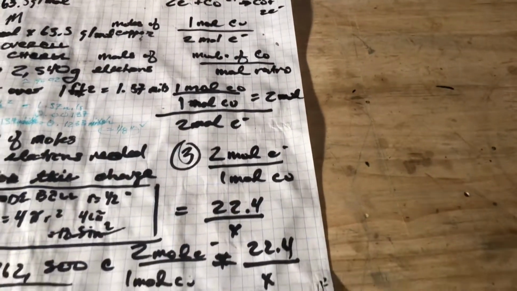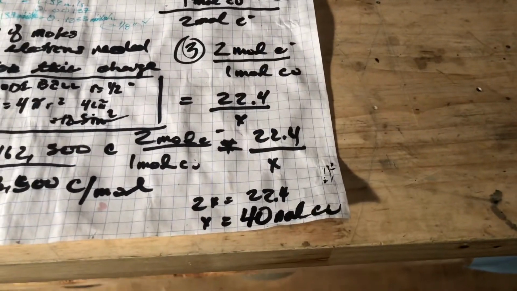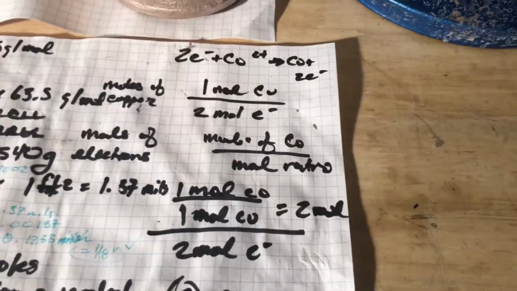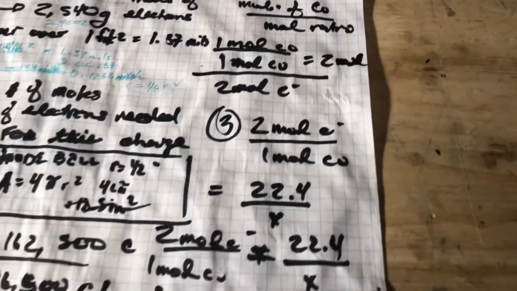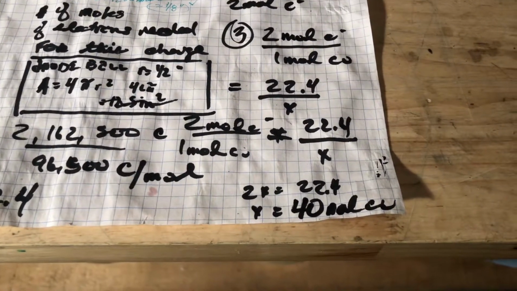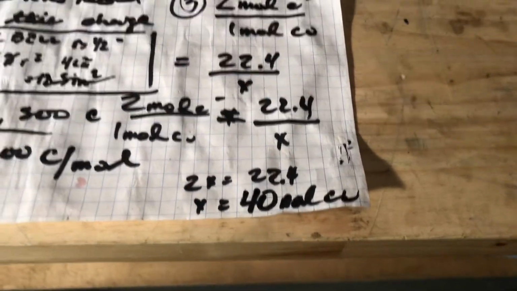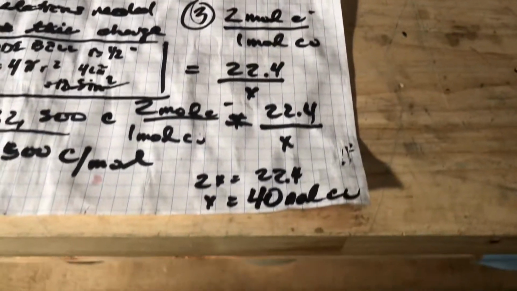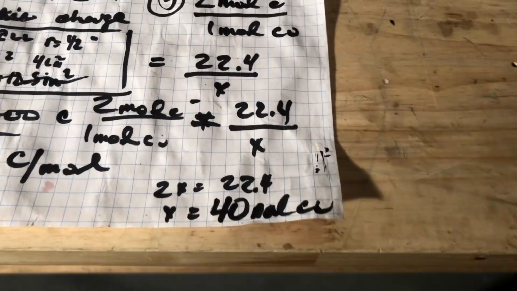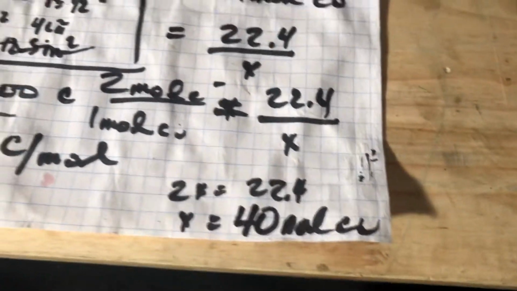Many other people can explain this much better on the internet. I'm not trained as a chemist. I've learned all this through books and YouTube. So, using stoichiometry, we'll need 40 moles of copper.